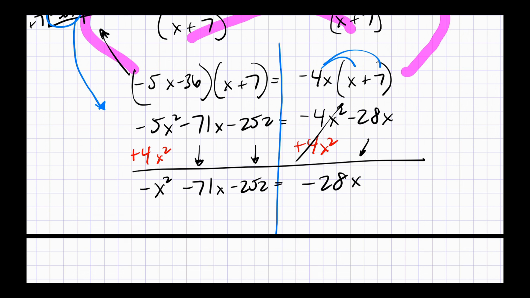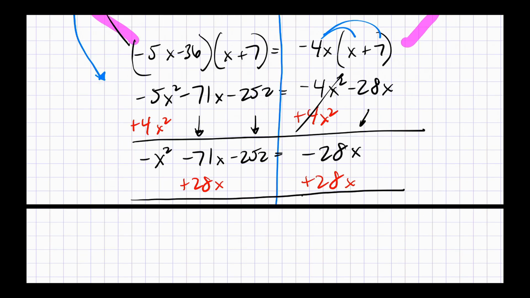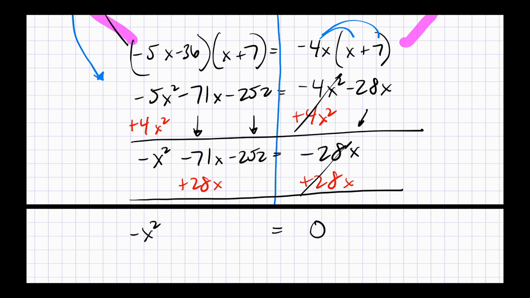Okay. One last step to make it equal to 0. You've got to add 28x. When I add 28x, I get 0 over here, and I get negative x squared, negative 43x minus 252. Okay.